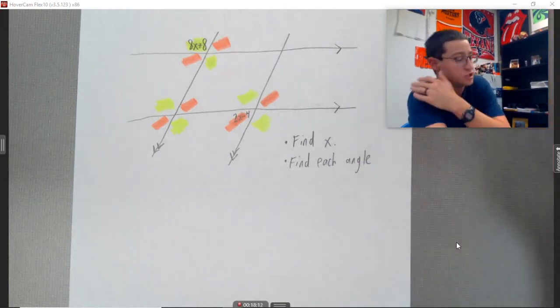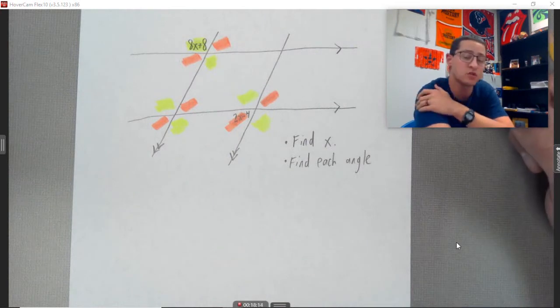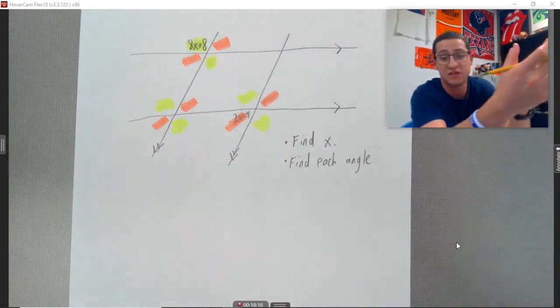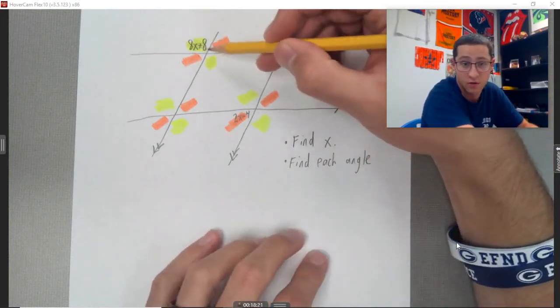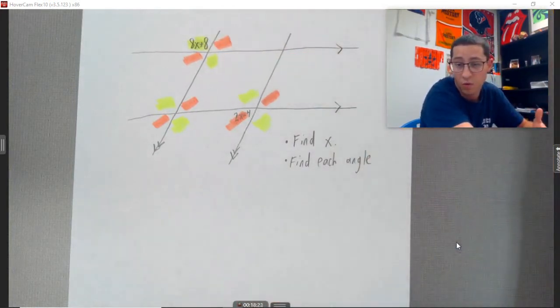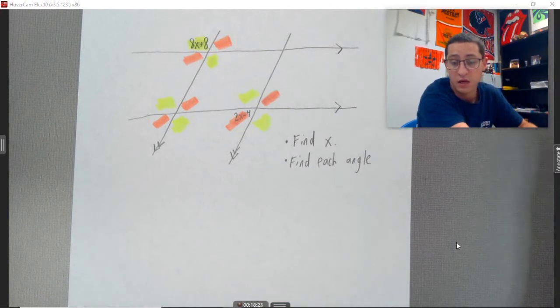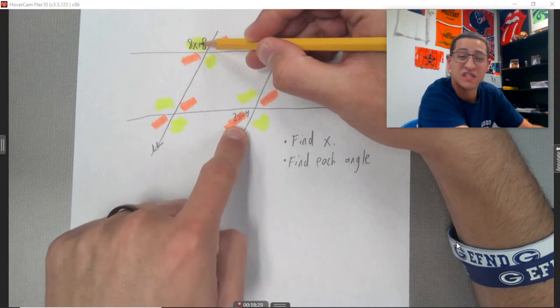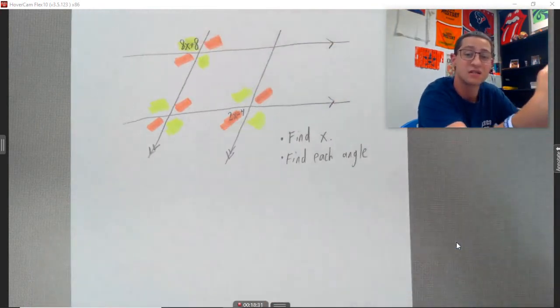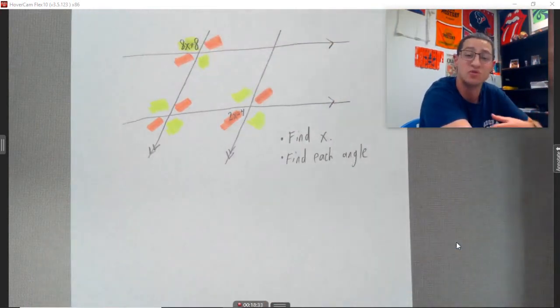The question is, what is the relationship? That's always the first thing we want to talk about. With these, they're either congruent, a yellow and a yellow, or an orange and an orange, or it's an orange and a yellow. Since this is a yellow and an orange, they're different, which means they are supplementary, which means they add up to 180.